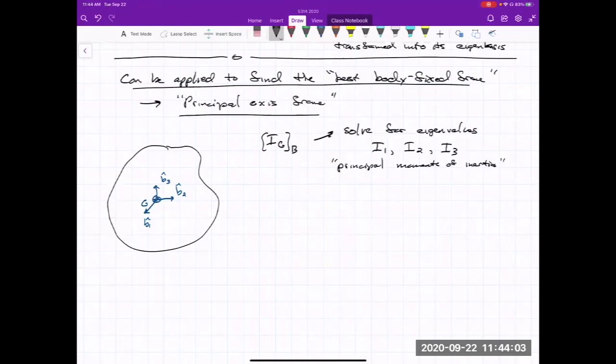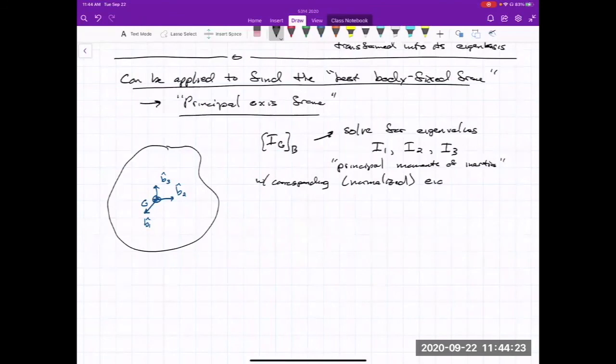So these are the eigenvalues of your matrix here, and there are corresponding normalized eigenvectors, which just means you might have to rescale your eigenvectors to make their length equal to unity.